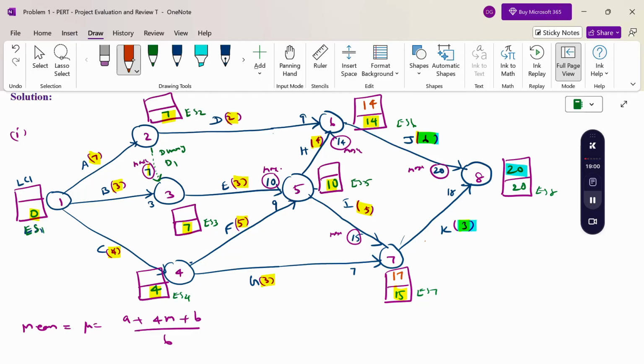And now to find the value of 5. From 5, 2 lines are going. Look at this line, 14 minus 4 is 10. Here 17 minus 5 is 12.